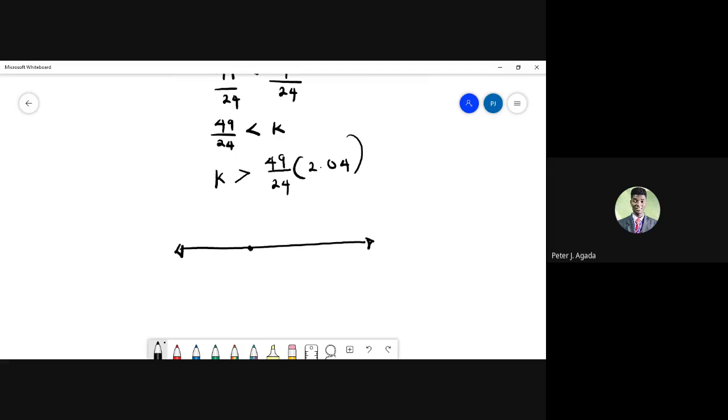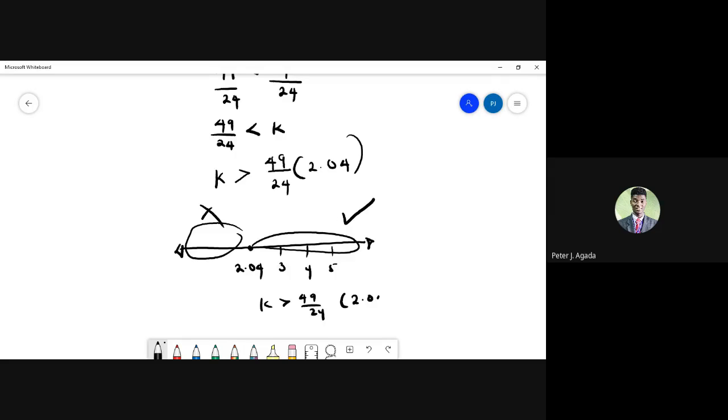If this point is 2.04, anything in this part cannot be k, but anything greater here, maybe 3, maybe 4, maybe 5, can be k. So this is the condition: k is greater than 49 over 24, or 2.04.